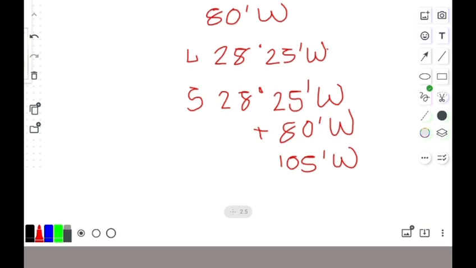Now, an important rule you must remember: you're not allowed to have 60 minutes or more in your final magnetic declination answer. Just like in time, where 60 minutes equals 1 hour, in map work, 60 minutes equals 1 degree. So when we take 105 and convert it, 60 minutes becomes 1 full degree, and we are left with 45 minutes.